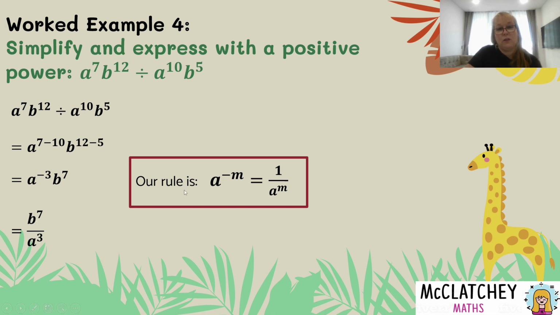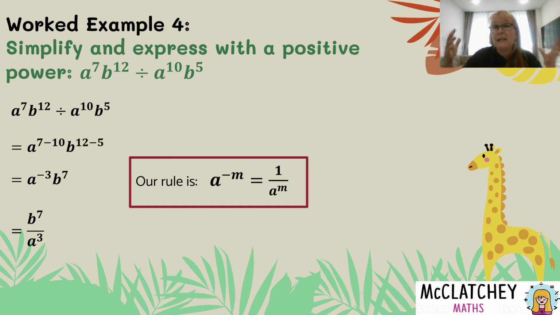We've got this fraction, 1 over a to the power of 3. That's the a part. And it's multiplied. There's an invisible times sign right there. Multiplied by b to the power of 7. So I could have this part of the fraction times by b to the power of 7. That wouldn't be wrong, but it wouldn't be fully simplified. Now, our rule is when we're timesing a fraction by a whole number, any whole number can be expressed over 1.